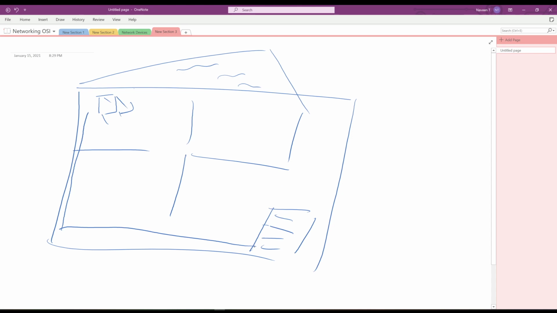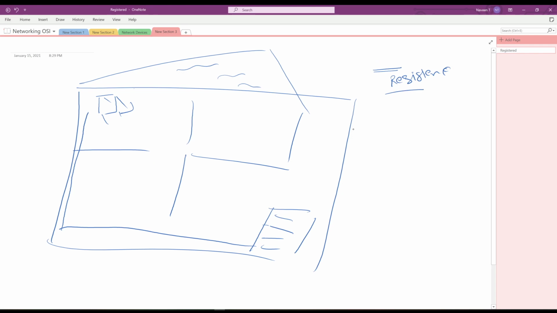By the time it is reaching here, the signal is getting weak, because if you recall, that conductor wire contains resistance, or impedance.